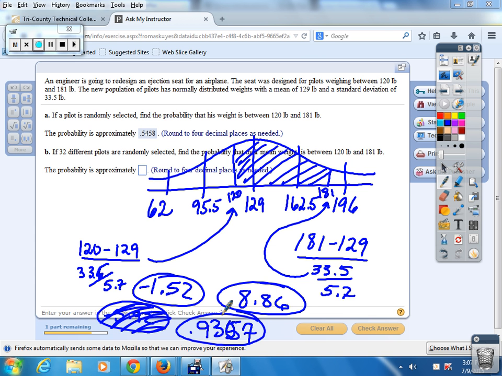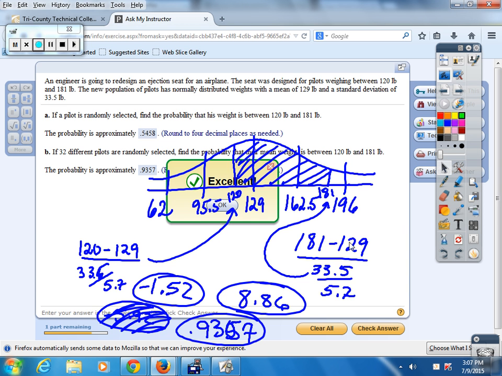That's 94%. 0.9357. Okay. Did we get it?